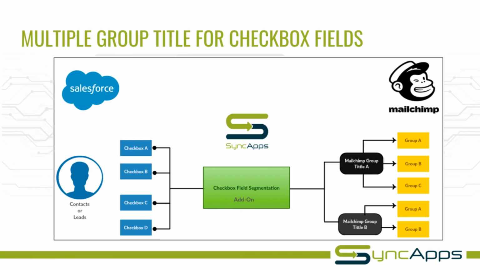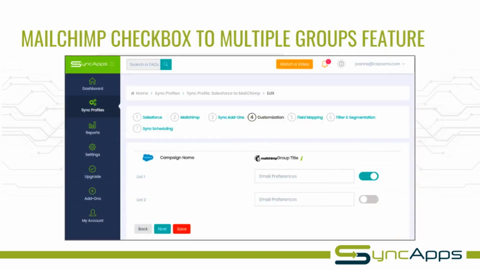If you definitely feel that you need this integration requirement, then please do feel free to email us so that we could enable this customization for your Sync profile. Once you have enabled this feature in your SyncApps account, this is how it will look in your Sync profile.